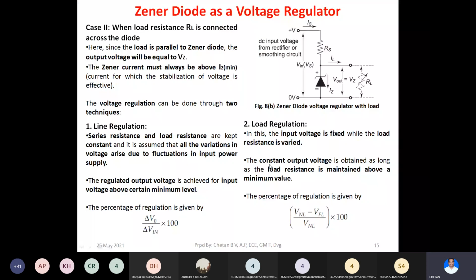What is that point? You can get constant output voltage during load regulation only if the load resistance is maintained above a minimum value, right? If the load resistance is not maintained above a minimum value, your diode will not be operating in the reverse breakdown region, and hence there will be no constant voltage across this load.